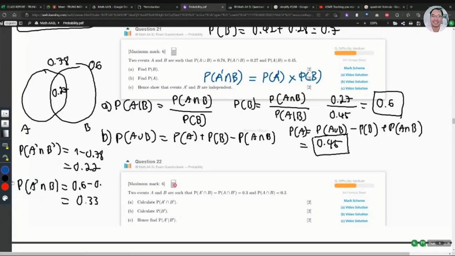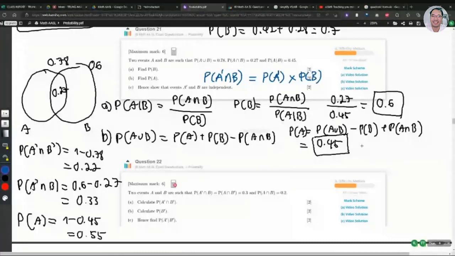Got 0.33. And the prob of not A is 1 minus the prob of A. Oh yeah, I need to find prob A first. Prob A was already found here, 0.45. So 1 minus 0.45 equals 0.55.